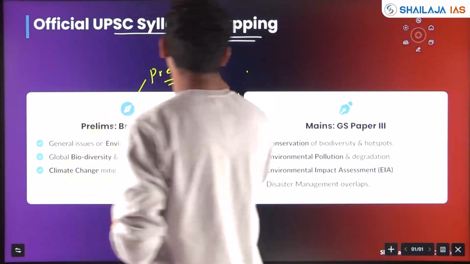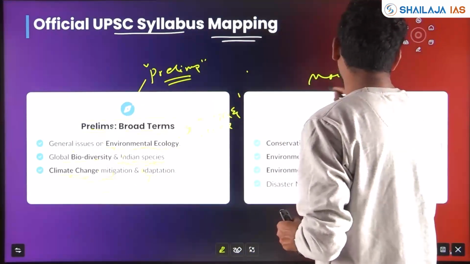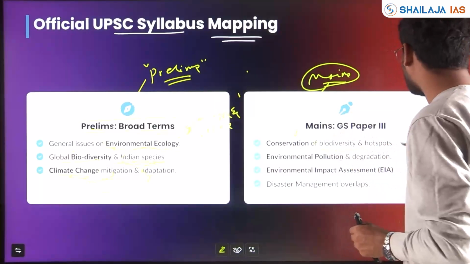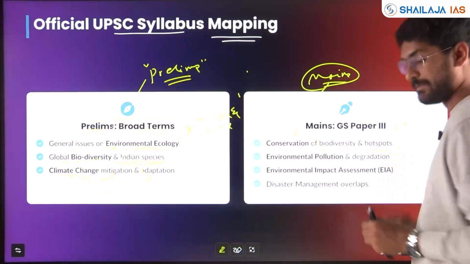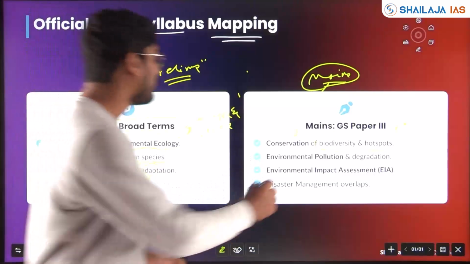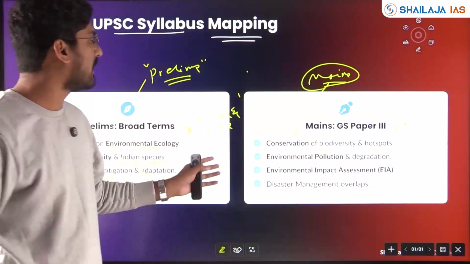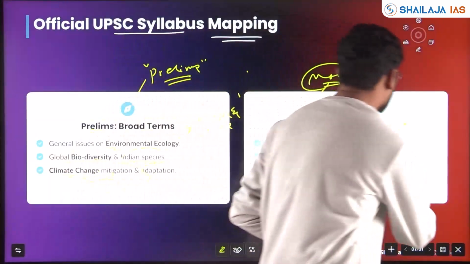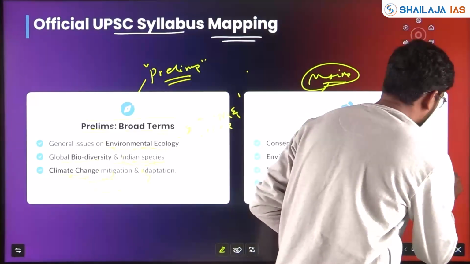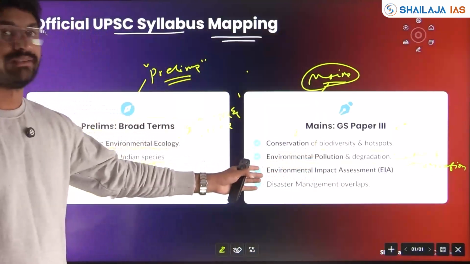My friends, what about mains? Mains deals with important topics like conservation of biodiversity, conservation of hotspots, species, flora, fauna, environmental pollution and environmental degradation, land degradation, water pollution, all the environmental laws, conservation activities, laws and conservation become important themes, okay?